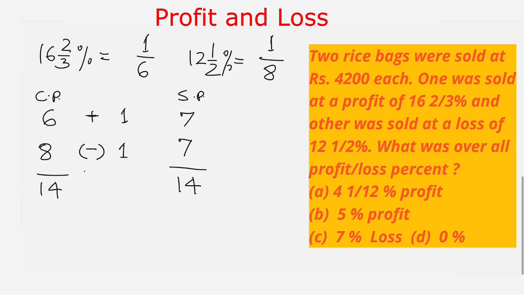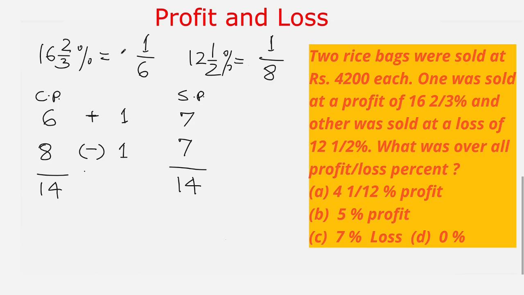This is the shortcut method. I just repeat the entire solution. One item which was sold at a profit of 16 whole and 2/3%, when expressed in terms of fractions, is equal to 1/6, and another at a loss of 12.5%. 12.5% when expressed in terms of fraction is 1/8.